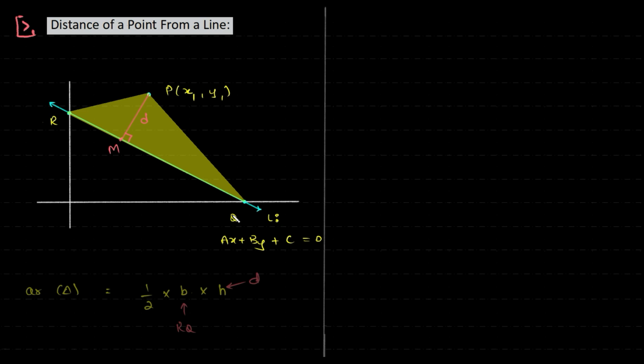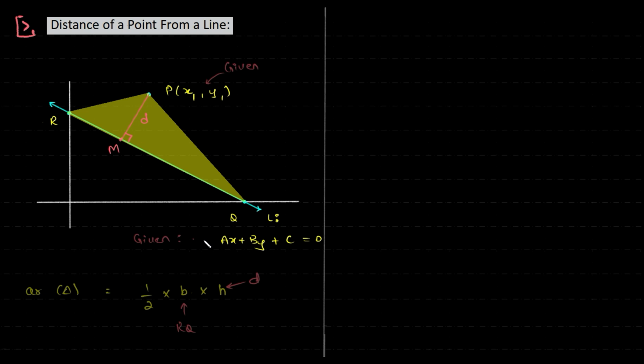See, if you think about it, finding the coordinates of R and Q is simple because we have the following things given. So here quite a few things are given. This is given, the coordinates of x1 and y1. And we have also ax plus by plus c, that is a, b and c are given.